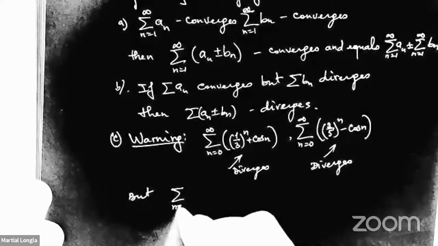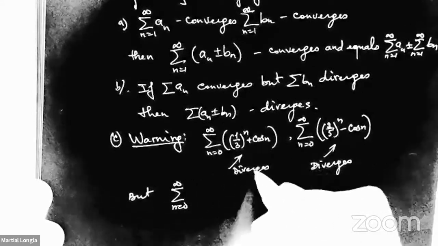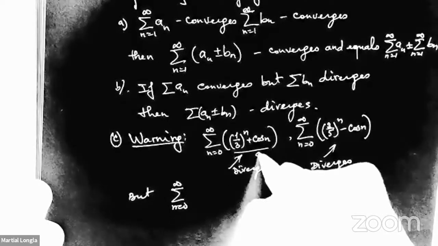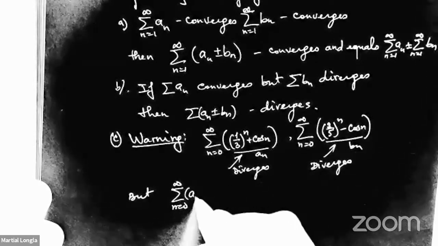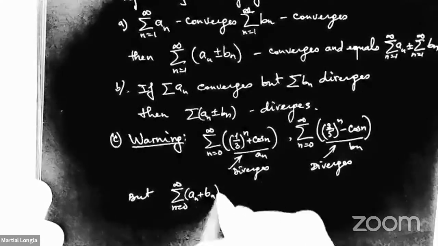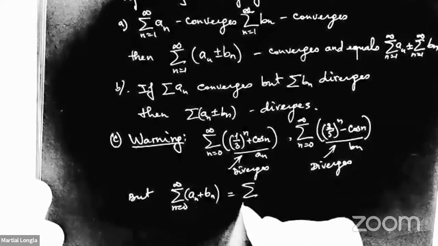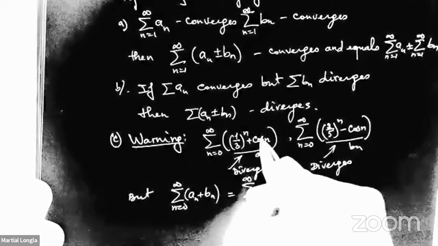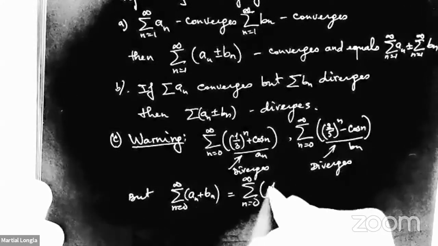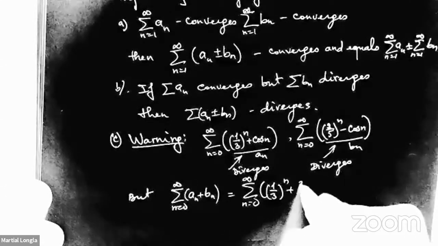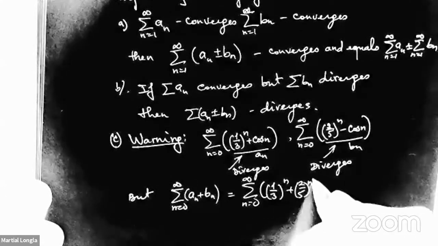Sum n from 0 to infinity, if this is an and that is bn, an plus bn equals the sum n from 0 to infinity. And when you add them, cosine and cosine cancel. So you have 1/3 to the n plus 2/5 to the power n.